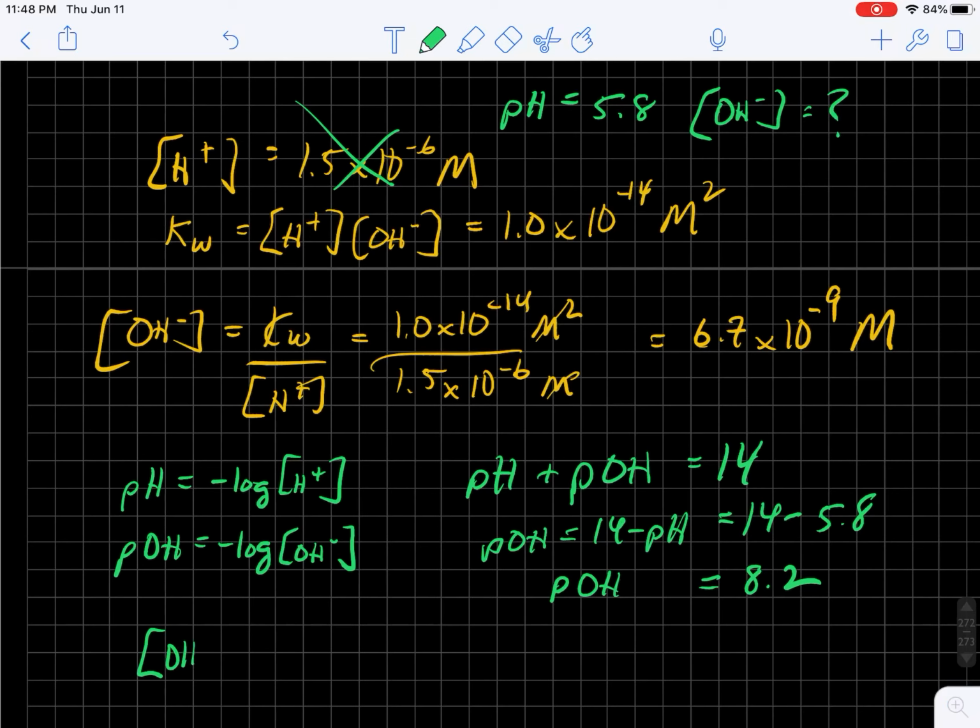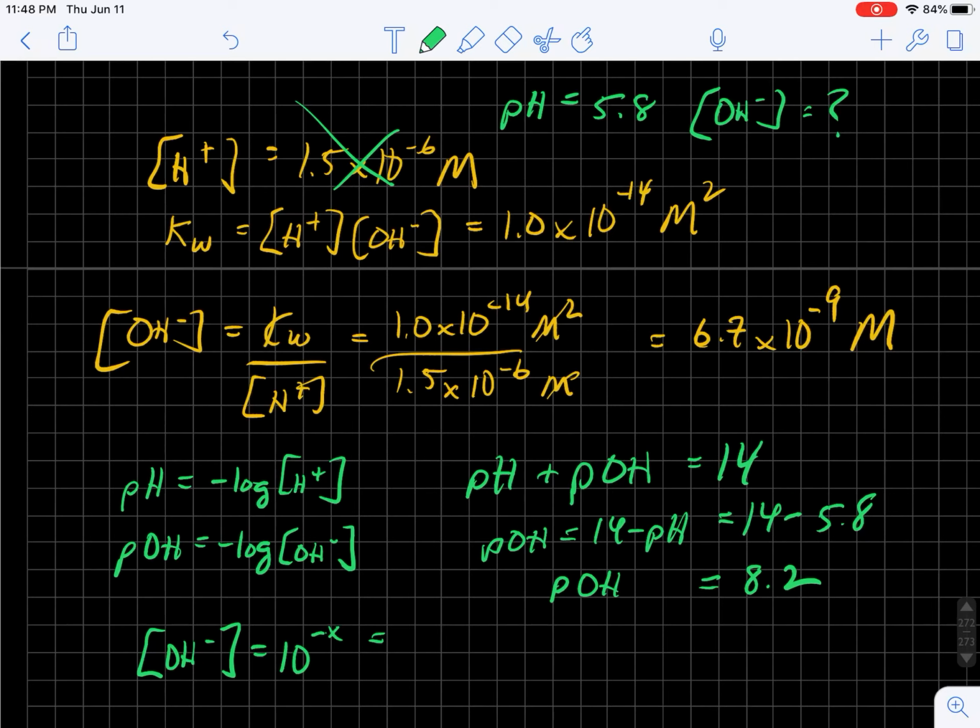Now, how do you go from pOH to OH minus? If you haven't had algebra 2, the OH minus is going to be the inverse log of 8.2. So you would do 10 to the negative x. So find your log button on the calculator.